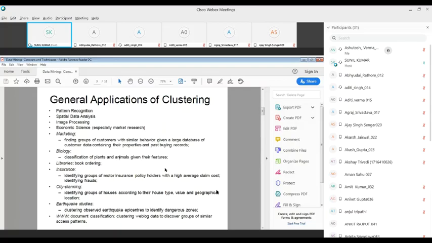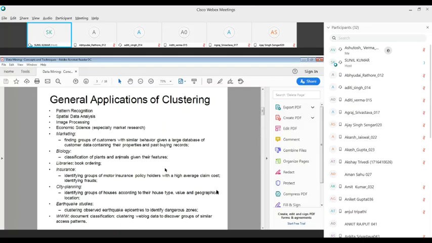It is helpful in pattern recognition and spatial data analysis. We have seen all these things in image processing and in economic science, especially when we research market trends. What will it help with in marketing?